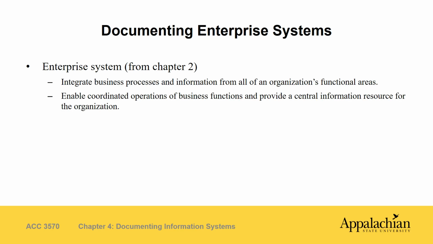Moving on to documenting enterprise systems. An enterprise system, which we talked about in chapter 2, integrates business processes and information from all of an organization's functional areas. It enables the coordinated operations of business functions and provides a central information resource for the organization.